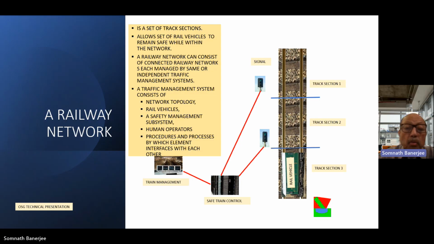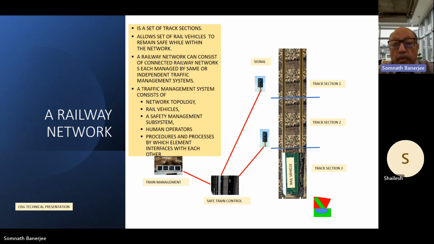If you look at the components of a railway network in the conventional signaling, as I said before, it is a set of track sections.